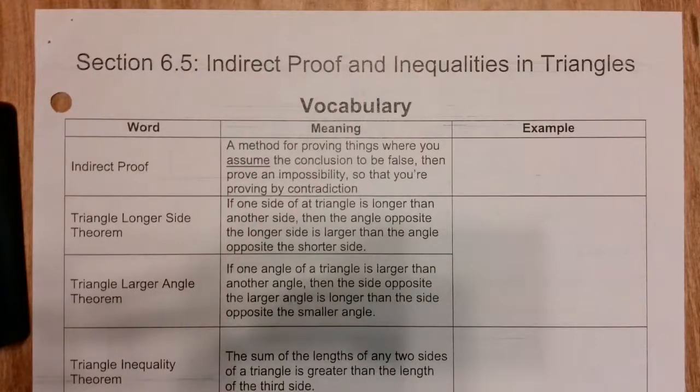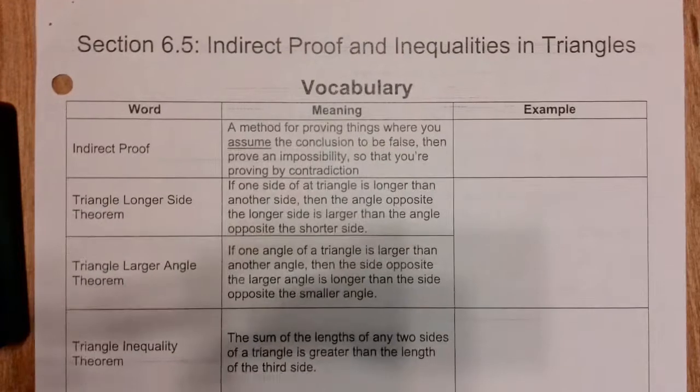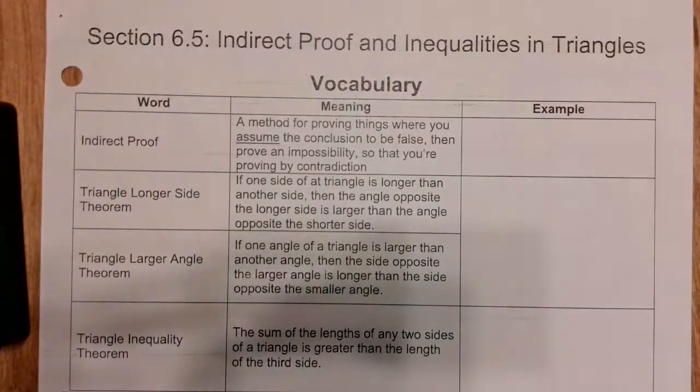Lesson 6.5, Indirect Proof and Inequalities in Triangles. So an indirect proof is a method for proving things where it's too difficult to actually make a direct proof. So what we do is we actually prove that the opposite is impossible.